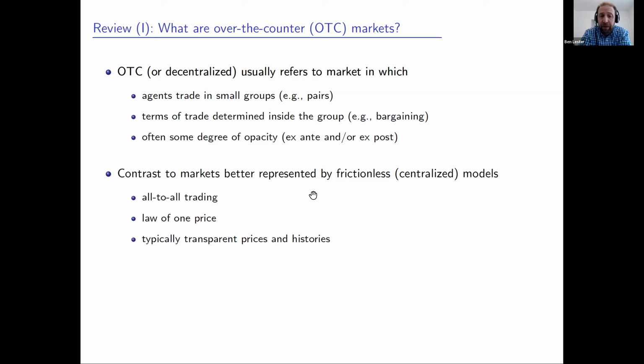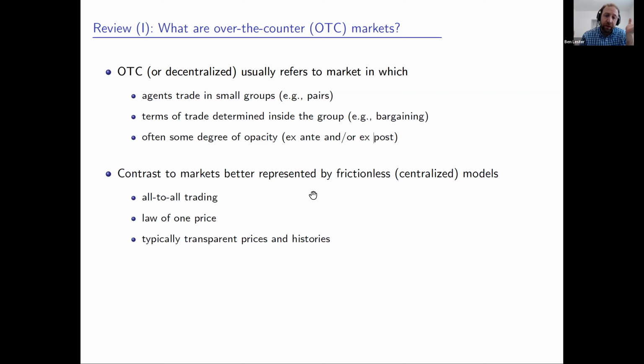A good example of a market that might fit more like this description is the New York Stock Exchange, where at any given time, I could pull up right now the price of a share of IBM, and I could pull up the share price of IBM on January 27th of 1997, and I could tell you the volume traded at that price, and so on and so forth.